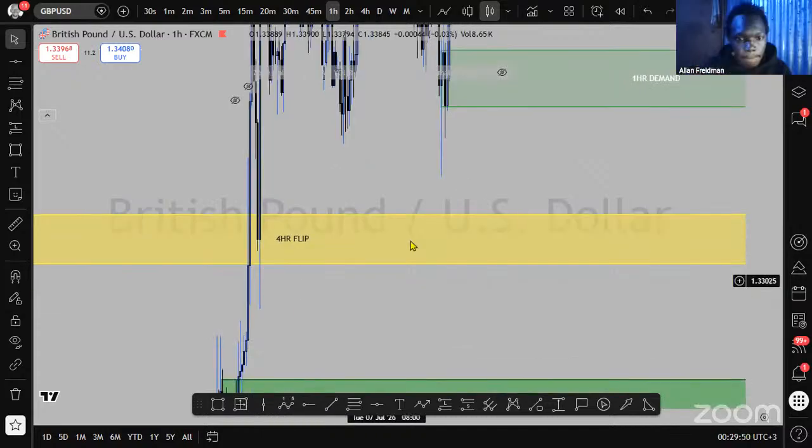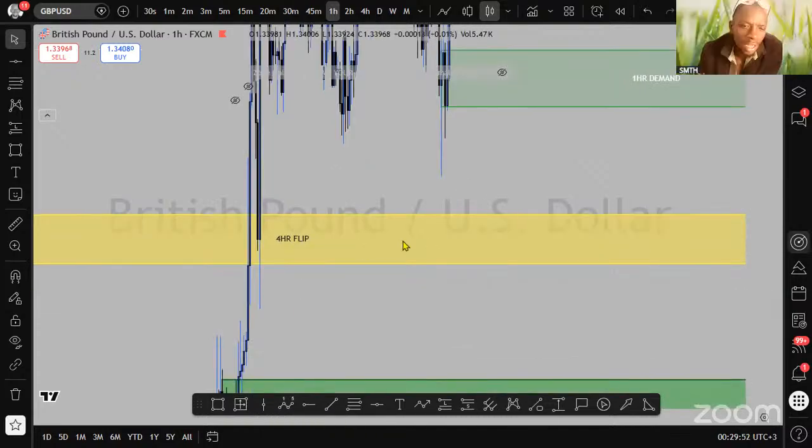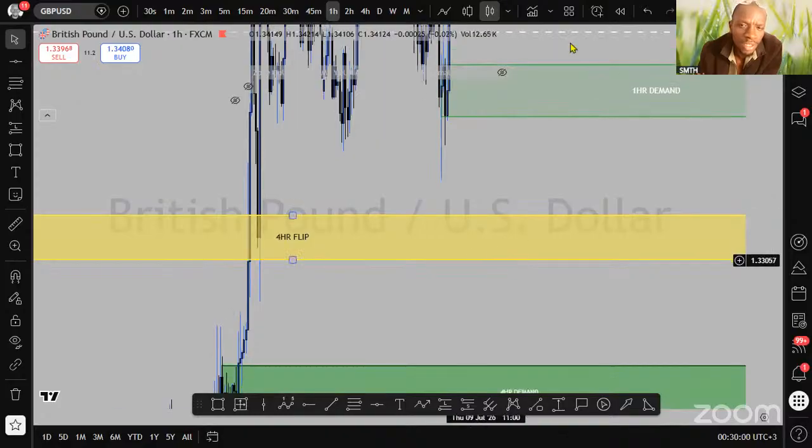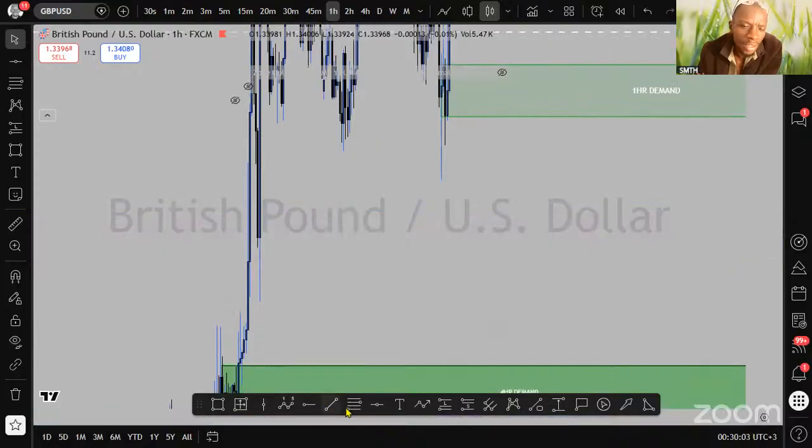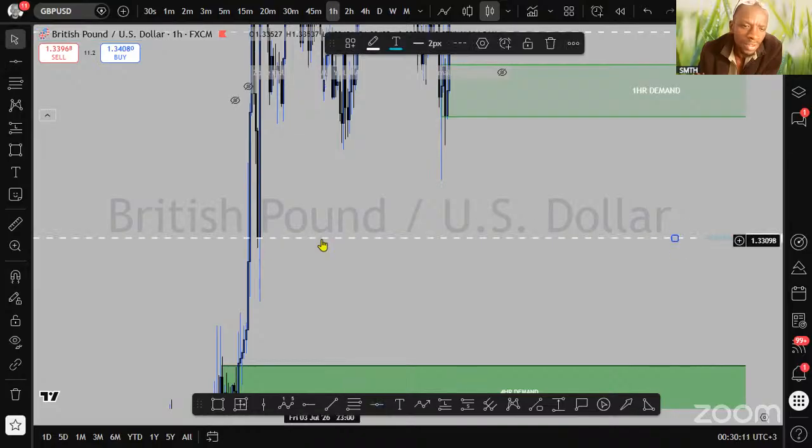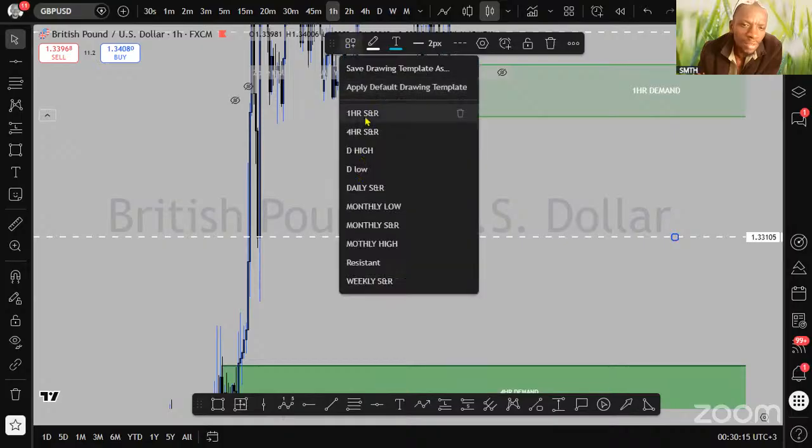So I can decide to keep it like this as a 4 hour flip, or if I don't want nikuwe na colors mingi kwa my chart, I can just remove this and incorporate what? Just do this base here. You don't have to be doing everything, it's just a matter of being able to know at least there's some information there.